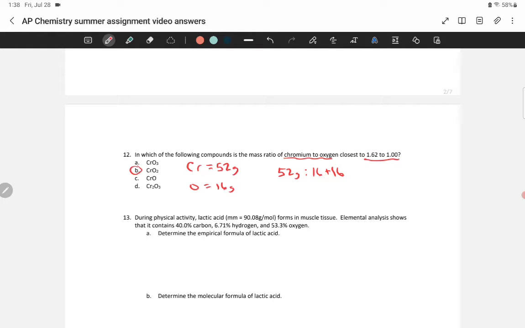So 52 to 32. That's hard to see as a 1.62 to 1 ratio unless we divide them by 32. And if we do that, we get 1.62 to 1. But I think you guys might have to, again, do that as a guess and check.